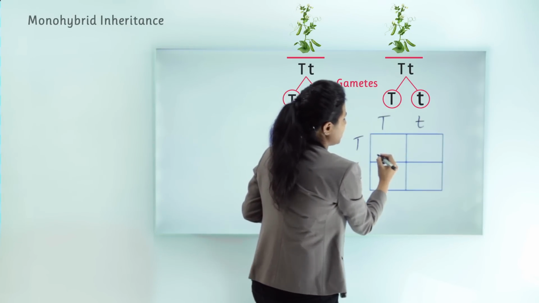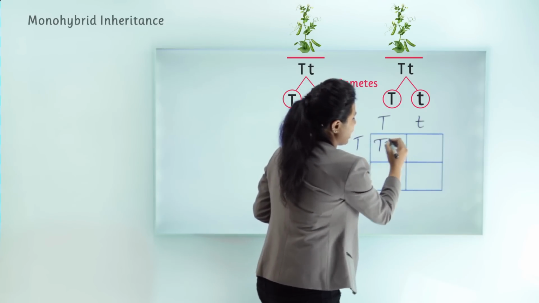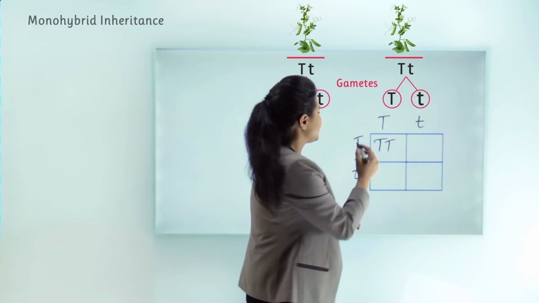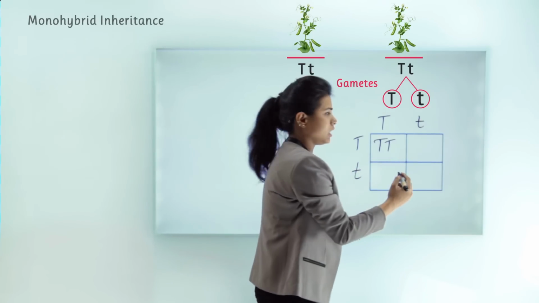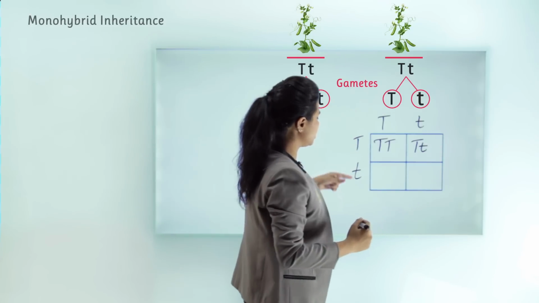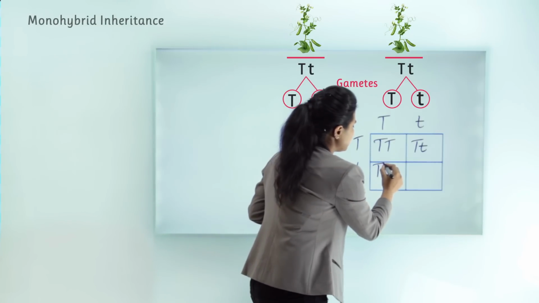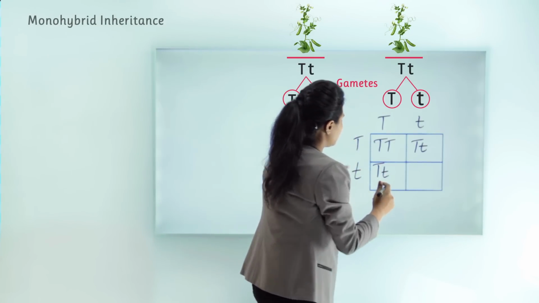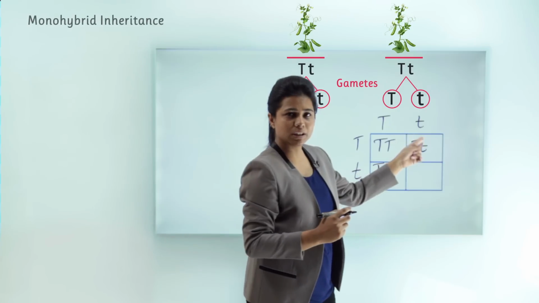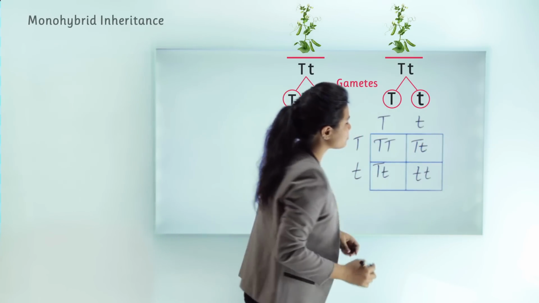Capital T and capital T will fuse to form capital T and capital T. Again, capital T will fuse with small t to form capital T, small t. Now this small t will fuse with this capital T to form capital T and small t, and this small t will fuse with this small t to form small t and small t.